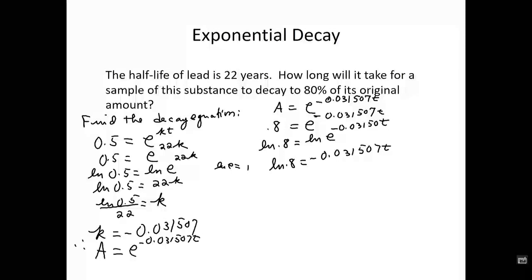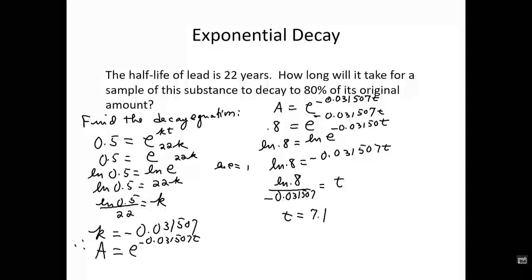So what do we have? We have the natural log of 0.8 divided by a negative 0.031507 is equal to t. And if you use your calculators, you get that t is approximately 7.1.